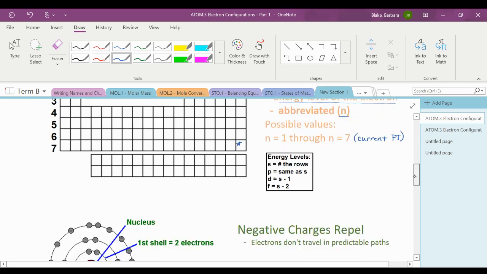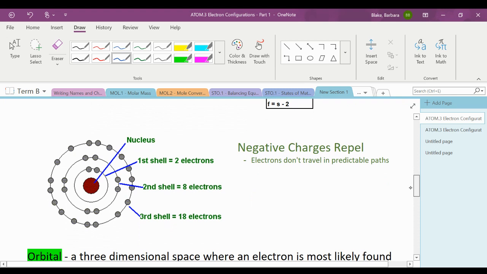So when we take a look at Bohr's model, it has limitations. Bohr's model only works properly with one element, and that's hydrogen.